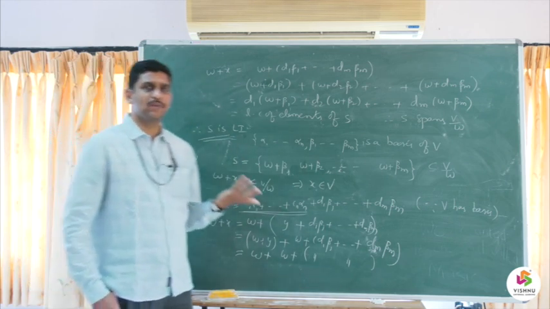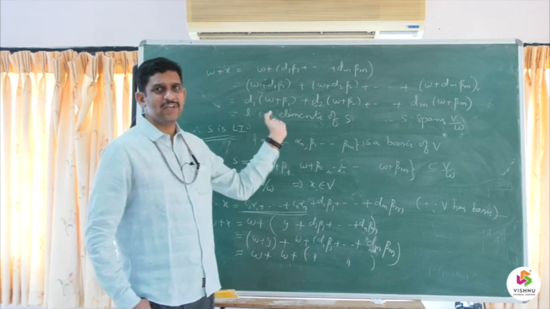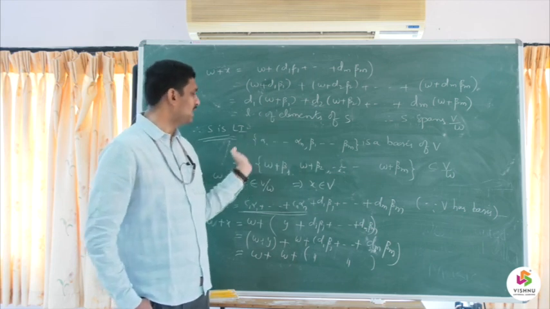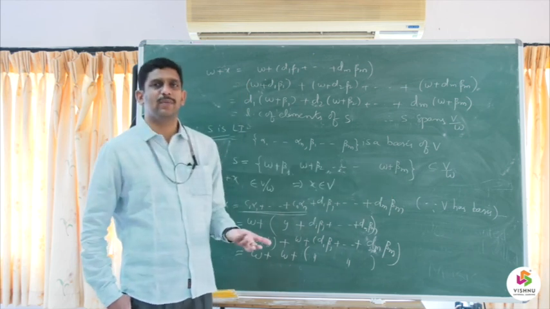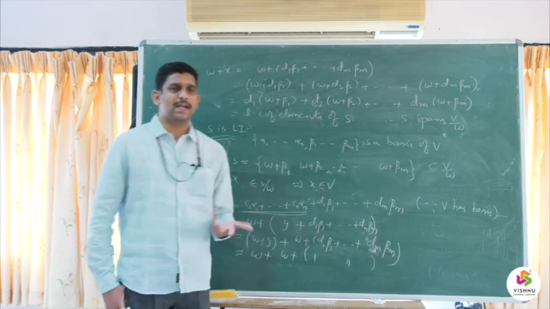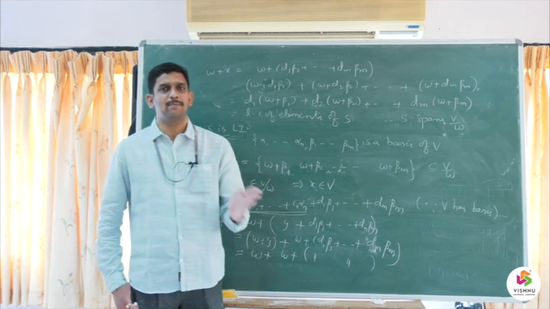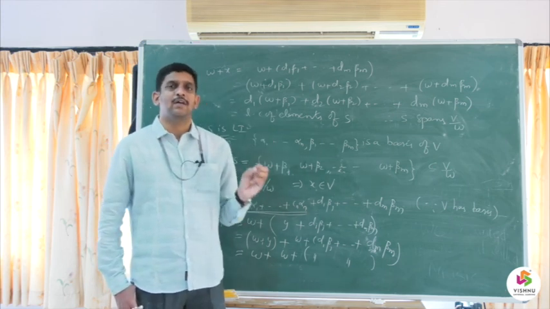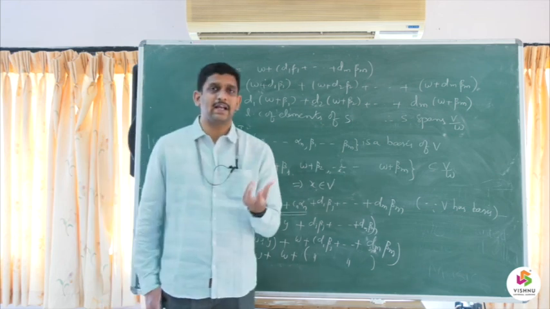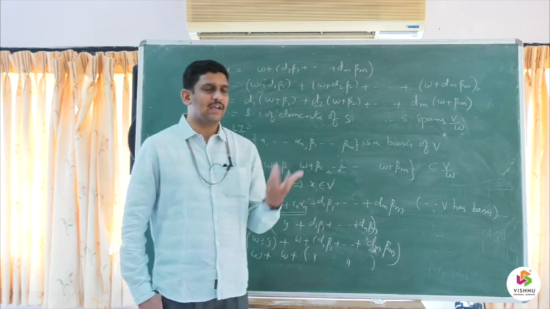What is the dimension of V by W? It is the number of elements in S. How many elements are there? S contains exactly m elements. So the dimension of V by W is equal to m. Hence the LHS value is m, the RHS value is m. So both are equal. Please understand, the elements taken on the right side and the left side are different.